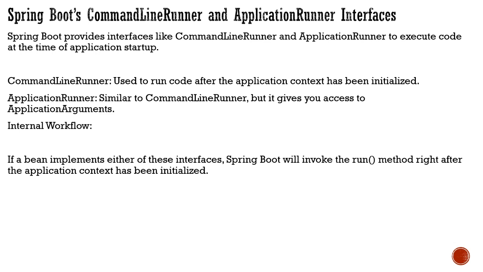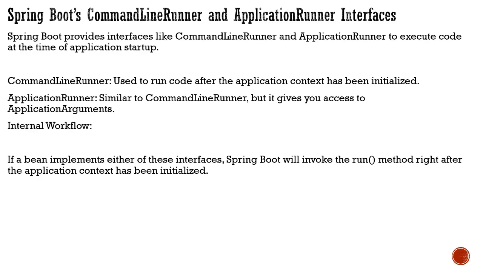When you implement the CommandLineRunner interface, it runs after your application context has been initialized. So whatever you want to do after the application context has been initialized, you can write your code there.